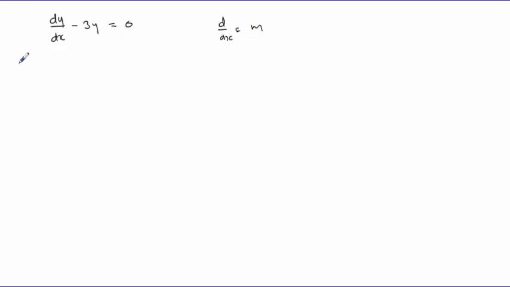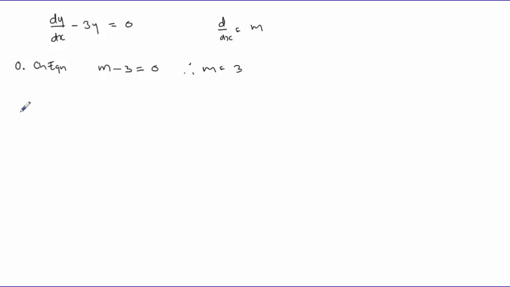So the initial step in this case would be to extract the characteristic equation. That would be m minus 3 equals 0. And then solving this equation, therefore, m is equal to 3.